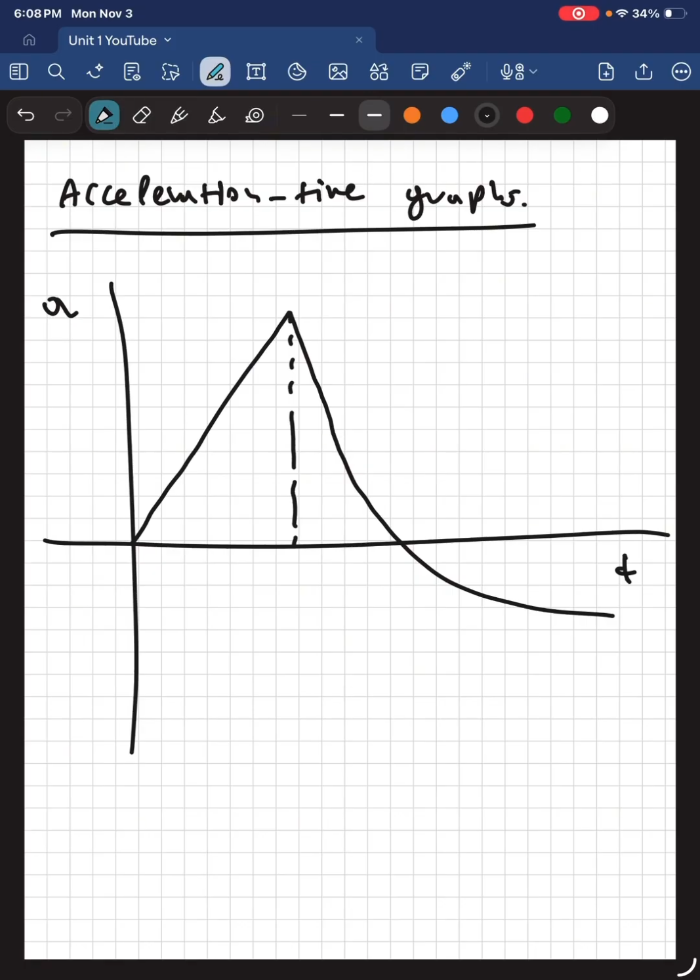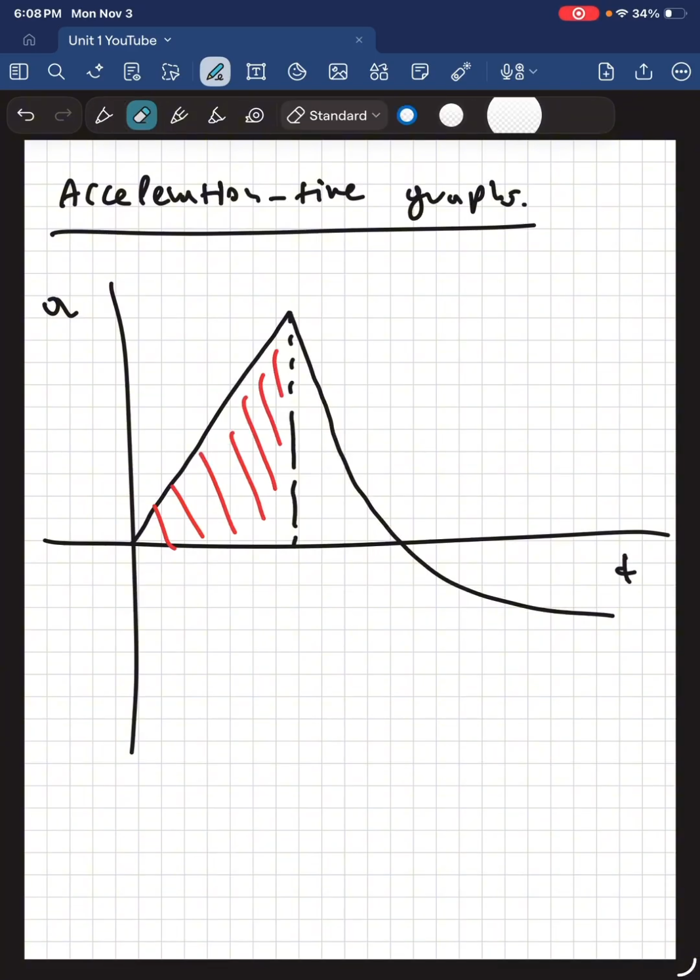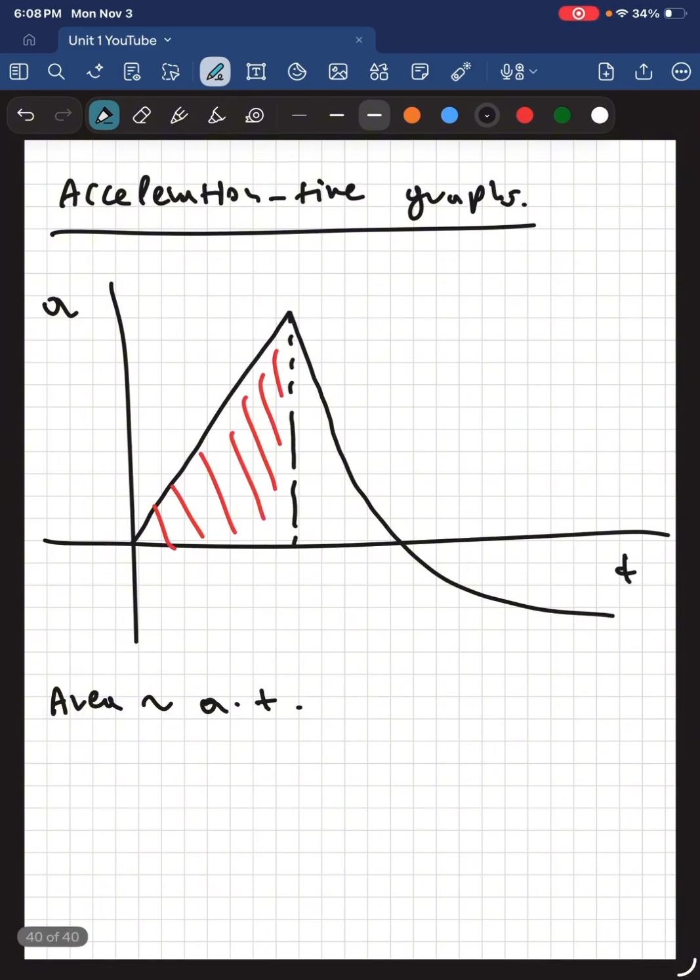All right, so what's important in these graphs is the area under the graph. Actually, let me erase this part here so I have space. So the area is proportional to acceleration times time, right? So what is that?